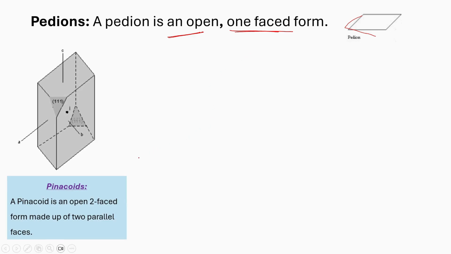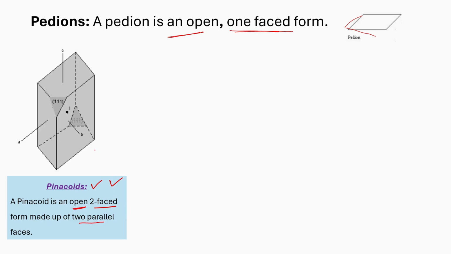Another one is the Pinacoid. The Pinacoid is an open form with two similar faces, and we should know these are parallel faces. Two faces are parallel to each other.